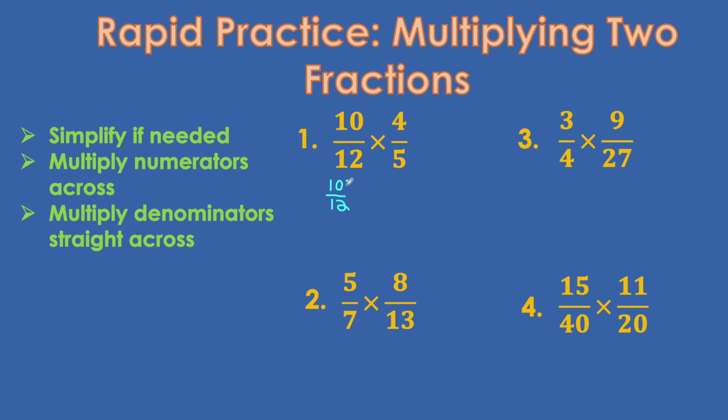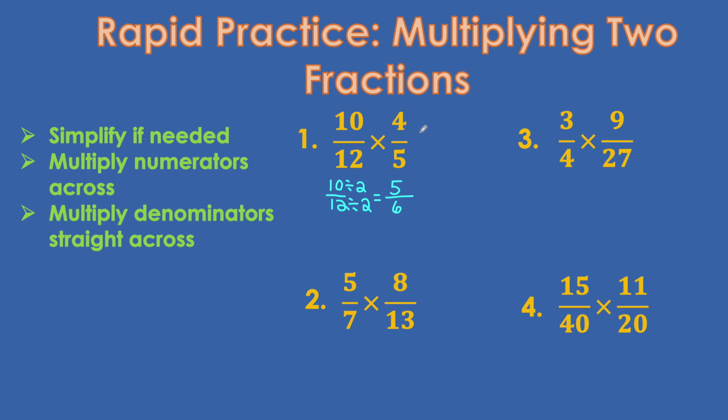And we're going to divide top and bottom by the greatest common factor, which is going to be 2. Ten divided by 2 is 5. 12 divided by 2 is 6.